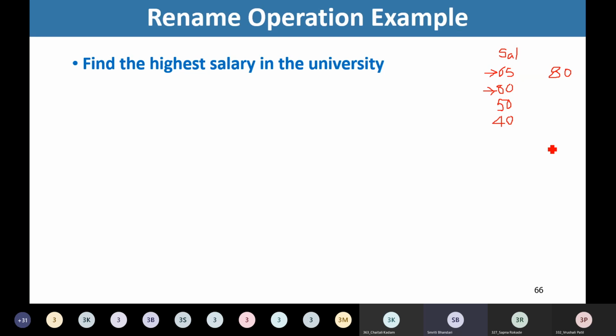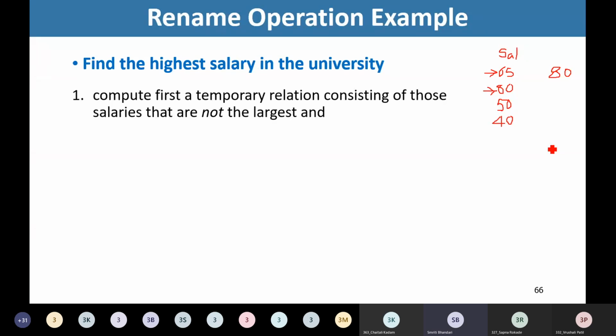Okay. Now, if I want to write the query for this task, I will split this task into two parts. First, I will compute a temporary relation consisting of those salaries that are not the largest.